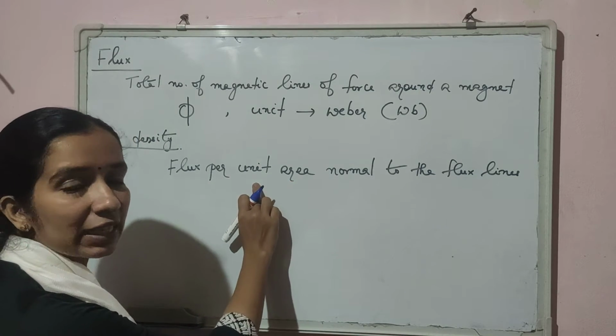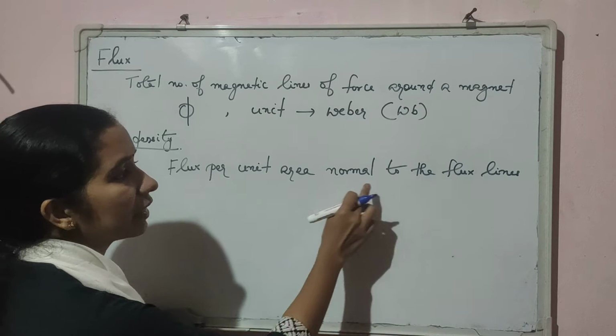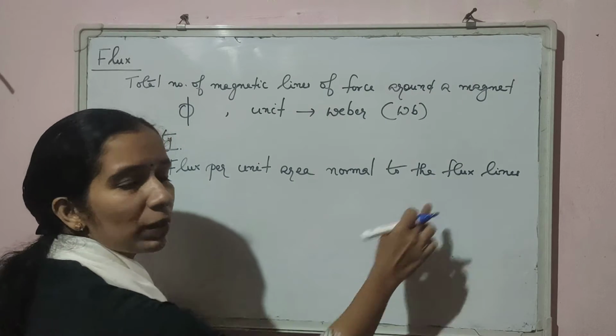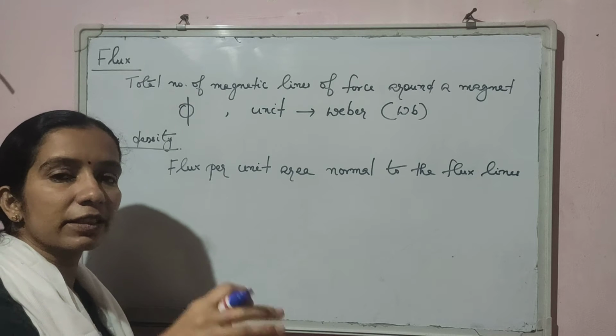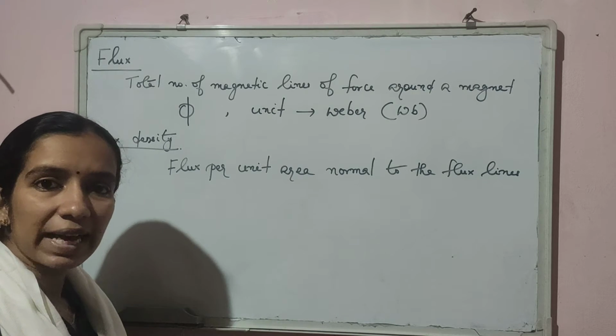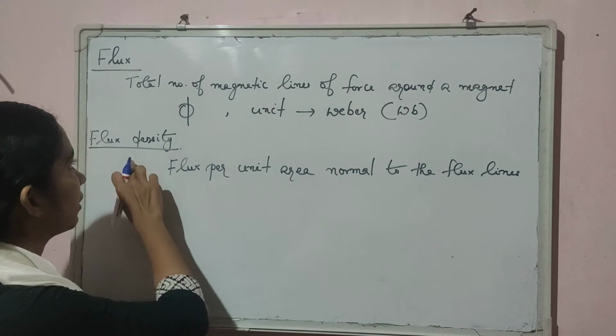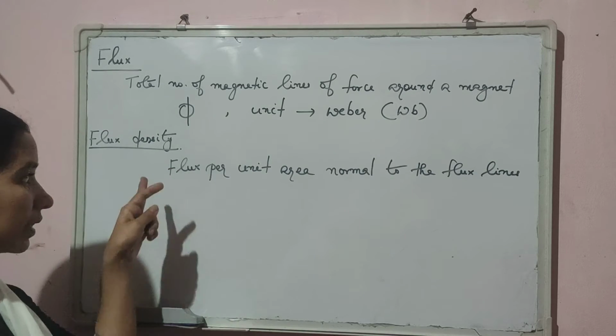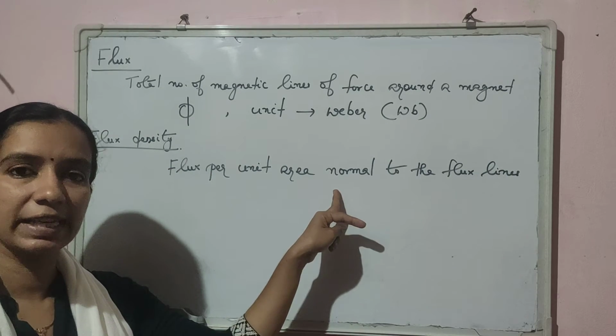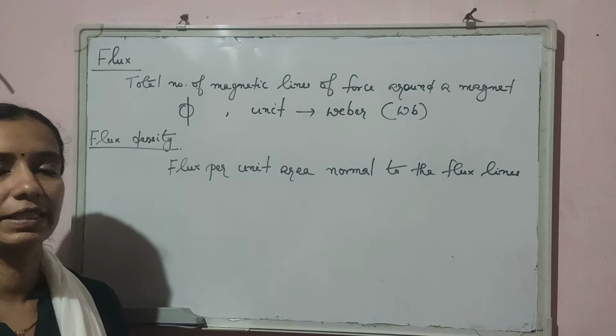If we are considering a unit area which is located normal to the flux lines, the total number of flux lines in that area is known as flux density. It is the flux per unit area normal to the flux lines.